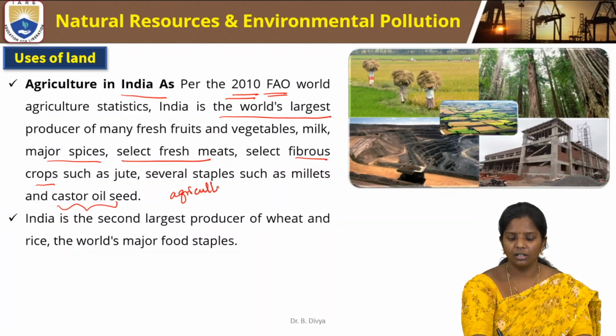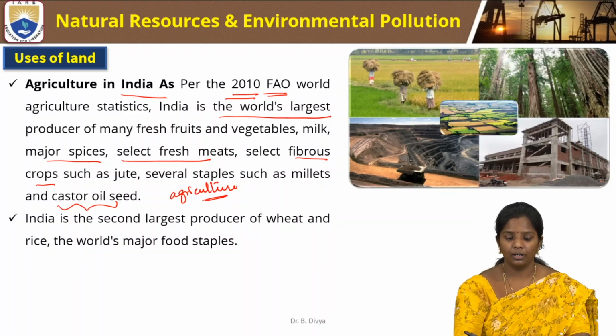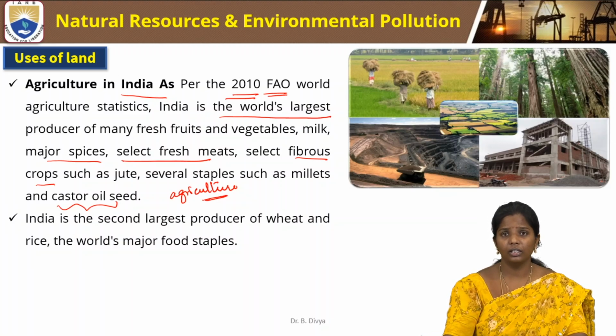So we just have to think, this is a major commodity source. We get all types of commodities from agriculture. So we have a lot of land that is being used for agriculture.